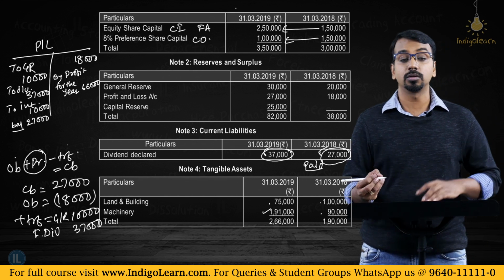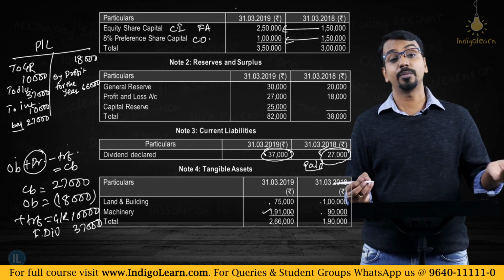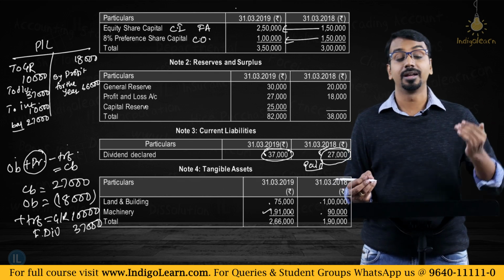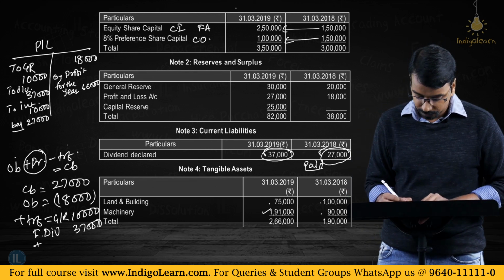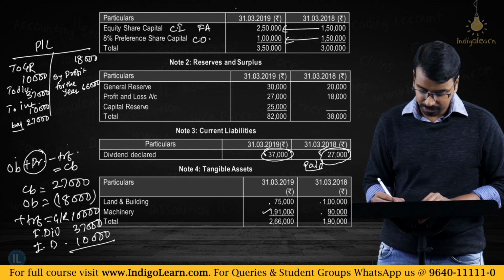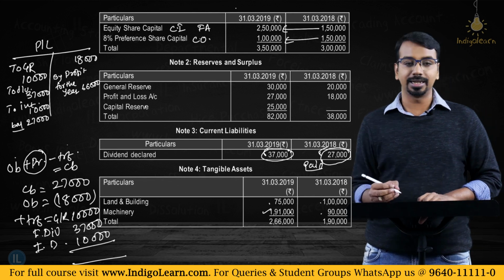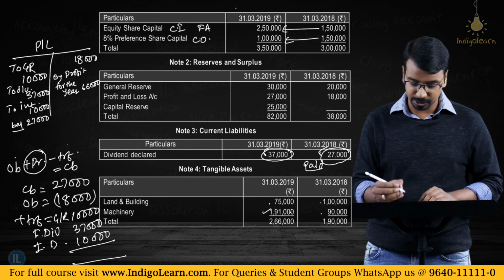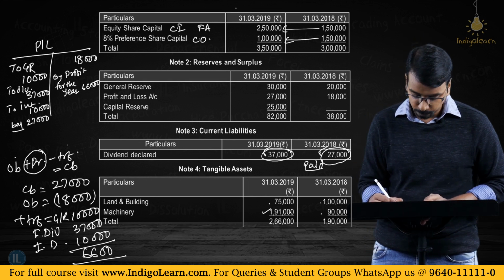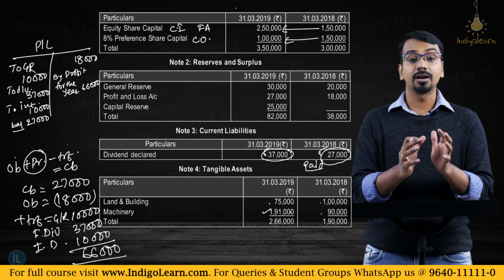Don't take 27,000. 27,000 was last year's. It would have been reduced from profit of last year. The current year dividend is 37,000. Then you have interim dividend of 10,000. Now with this, 27 minus 18 is 9, 9 plus 10, 19, 19 plus 37, 56 plus 10, 66,000. Either way it is fine.